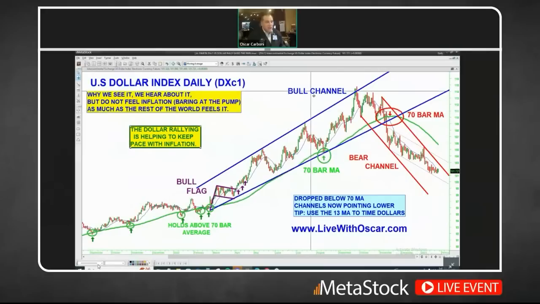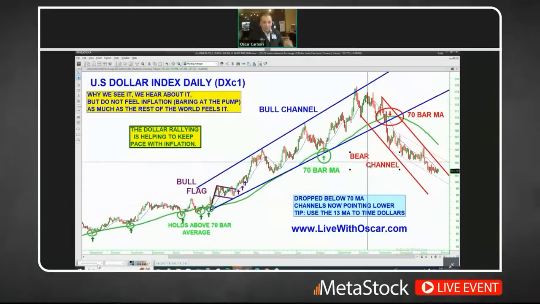Time has passed. The bull channel has now cracked into a bear channel. The same 70 bar moving average, by the way, worked in the dollar, 70 bar. So it worked in the dollar really well, but it has cracked since. And look at channels now. Channels have changed from blue and happy on the way up, bull channel, to bear channels on the way down.